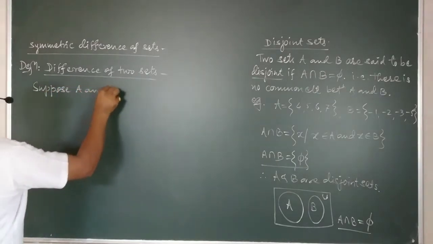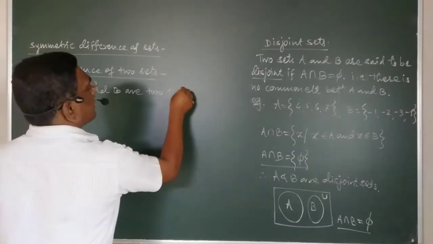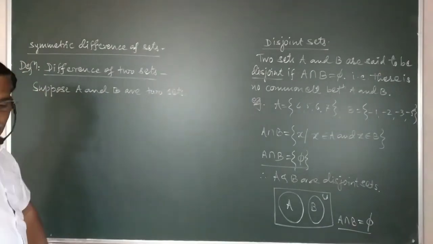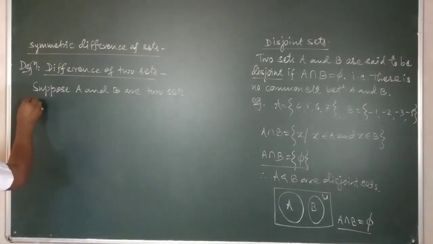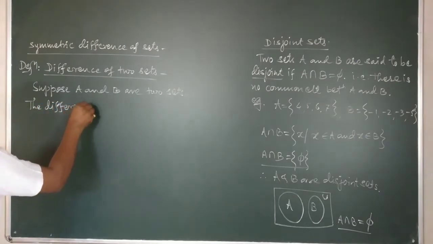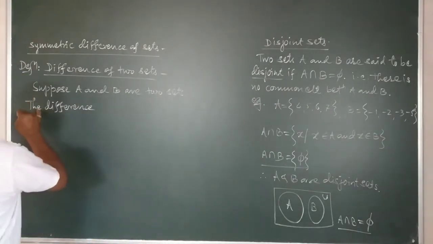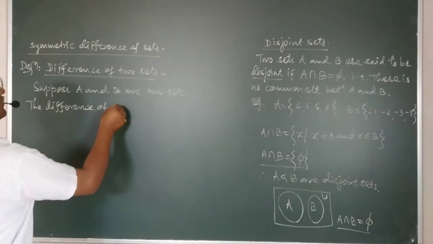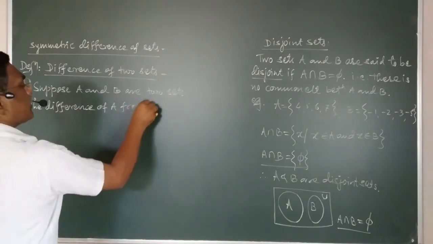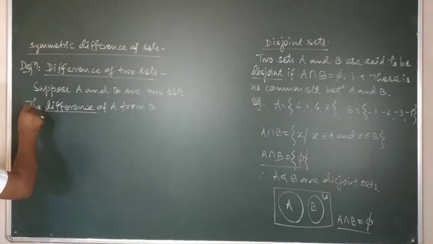Suppose A and B are two sets. The difference of A from B can be defined, or is known as, the set difference.